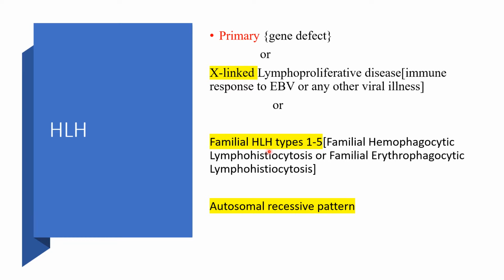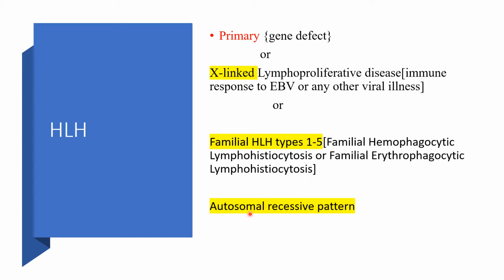Familial HLH has 5 types, 1 to 5. So familial hemophagocytic lymphohistiocytosis or familial erythrophagocytic lymphohistiocytosis will be another name for the familial form of HLH, types 1 to 5.